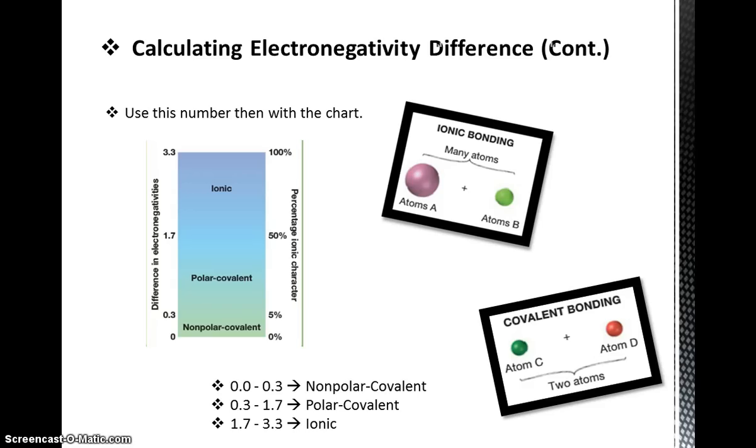And anywhere above 1.7 up to 3.3 is going to be an ionic bond, which, like we talked about, is where one atom is much greater in electronegativity than the other. But when it's a covalent bond, the atoms are usually going to be pretty close in size. So I hope this video clears up any questions you had on electronegativity. And this is Cole signing off for our program.